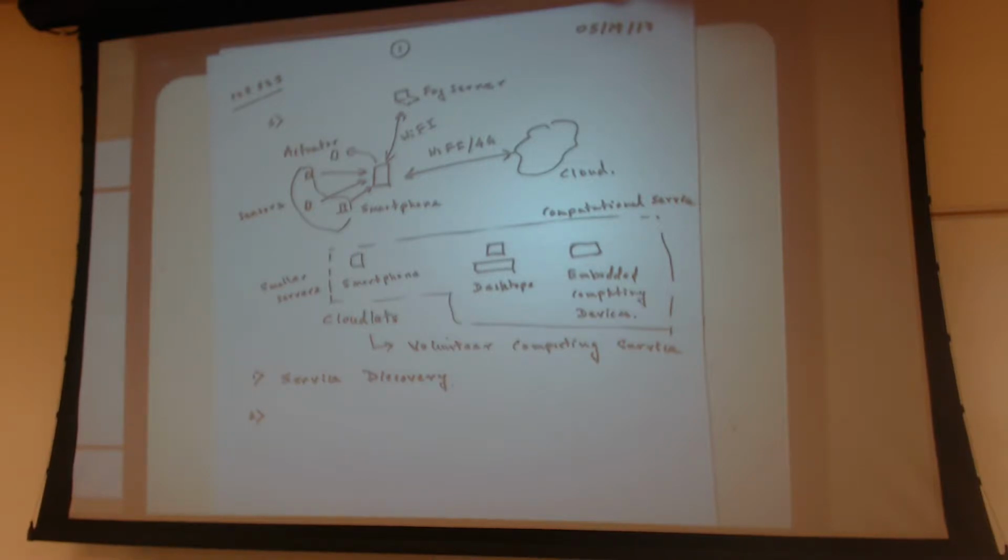So here what I have discussed is that these devices are volunteer computing service and they provide you certain computational service. It's like you're using these devices for just computation. But if you imagine the function of a smartphone, what does a smartphone do? Smartphone has a lot of sensors. It can collect context information regarding the entire environment.